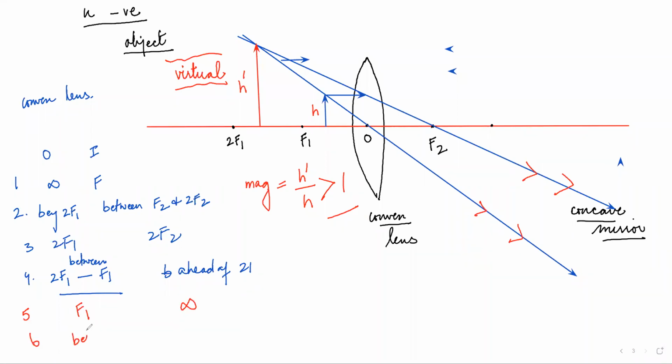Sixth case, between F1 and O, the image is virtual, and it is behind the lens. This is, we say behind, and this is ahead of lens. Ahead matlab lens se aage. This is behind the lens.